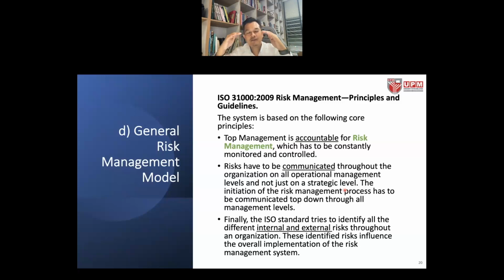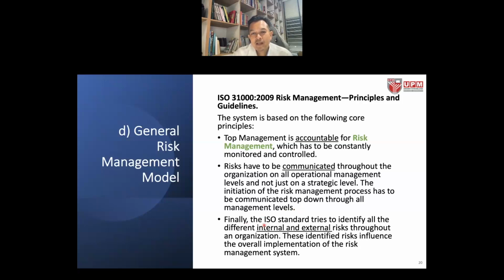Maybe the top management looks at the strategic level, but the shop floor worker looks at the risk at their workplace, where they work every day. So it's not just at the strategic level. The initiation of the risk management process has to be communicated top down, from the top, number one, until all the workers at the ground level, even the cleaners, the guards, and everybody working in the company.